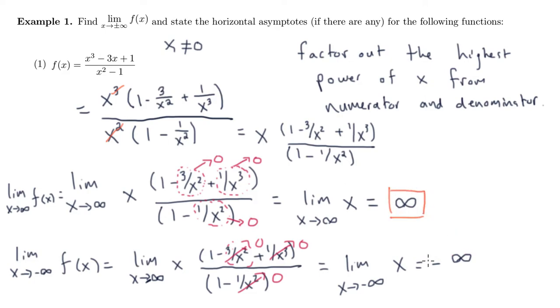So here's the end behavior of my function. As x goes to infinity, I'm going to infinity. As x goes to minus infinity, I'm going to minus infinity. And notice that that means that there are no horizontal asymptotes, because the only way I'm going to have a horizontal asymptote is if one or both of these limits are equal to a real number.